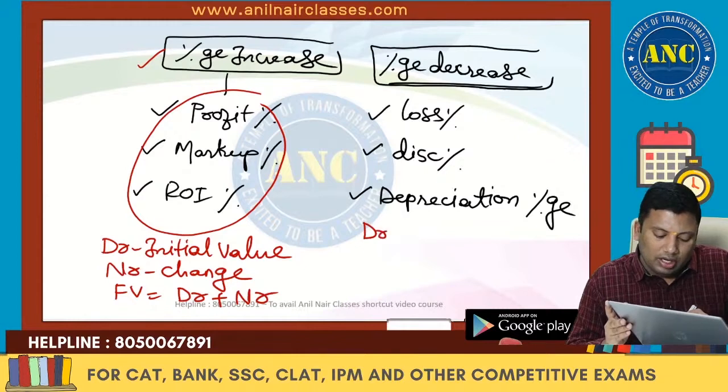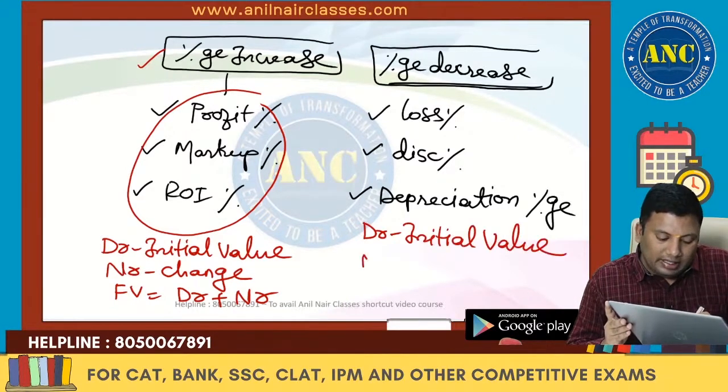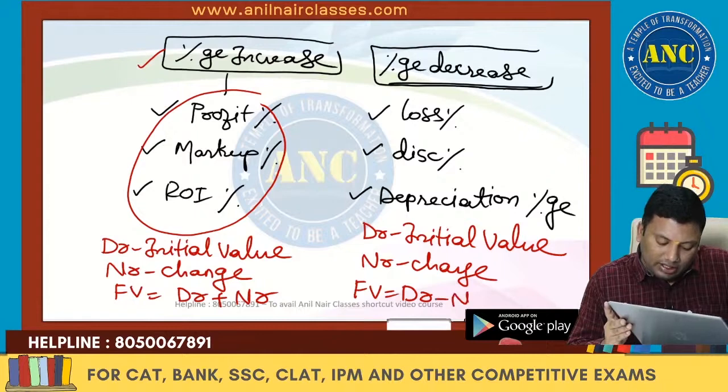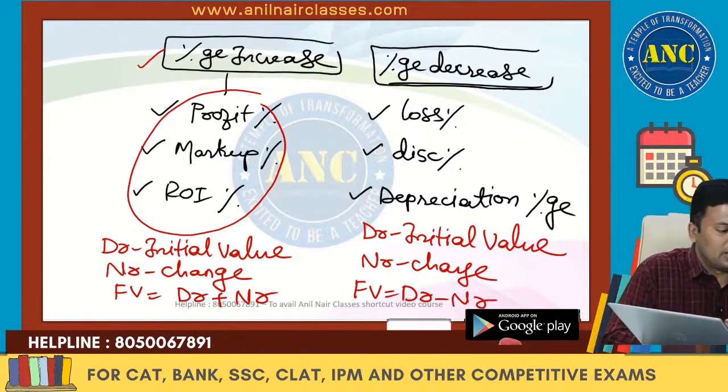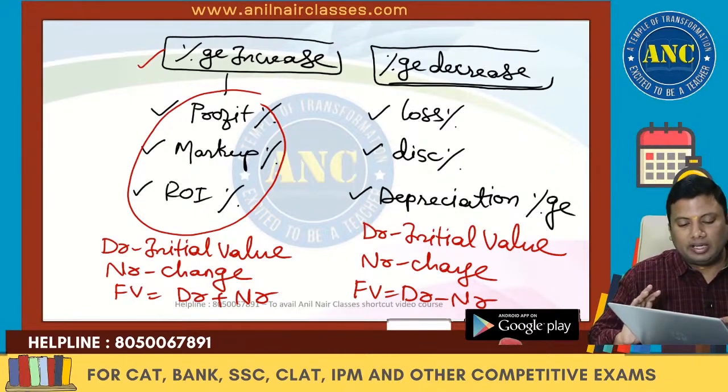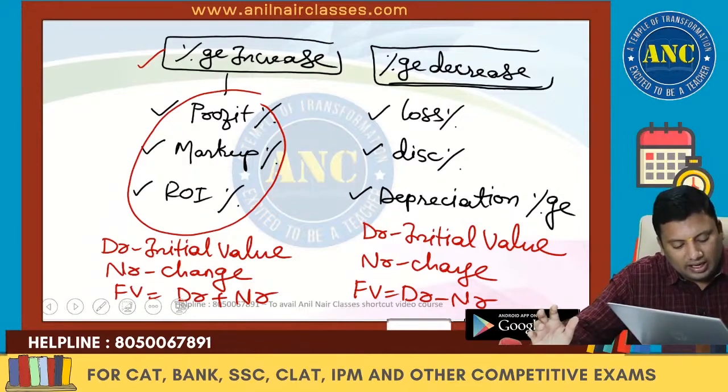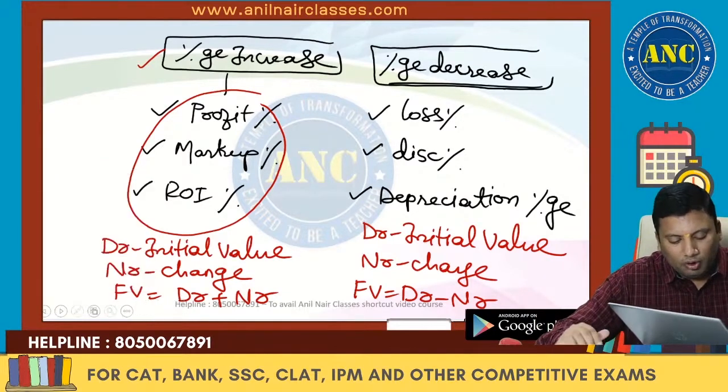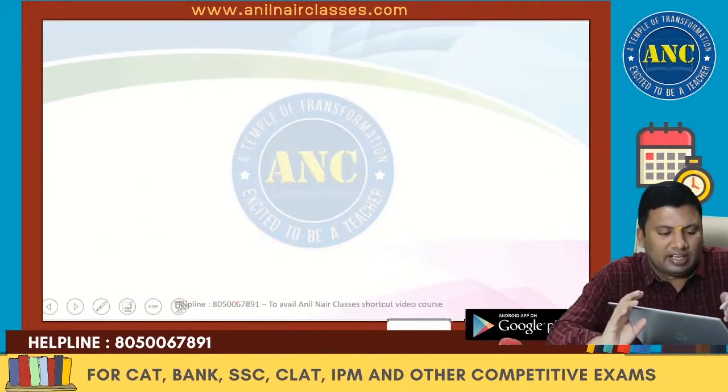Here also denominator is the initial value, numerator is the change. Here final value is denominator minus numerator. Once you understand the concept, it's a very important concept. I hope this idea is clear to you. Once you understand, these are all very easy ideas.